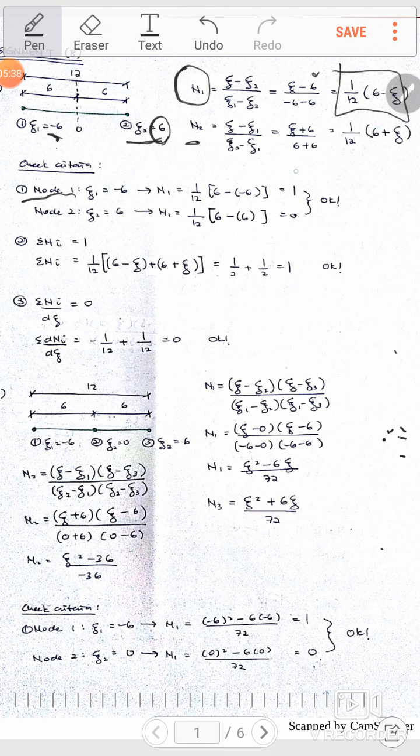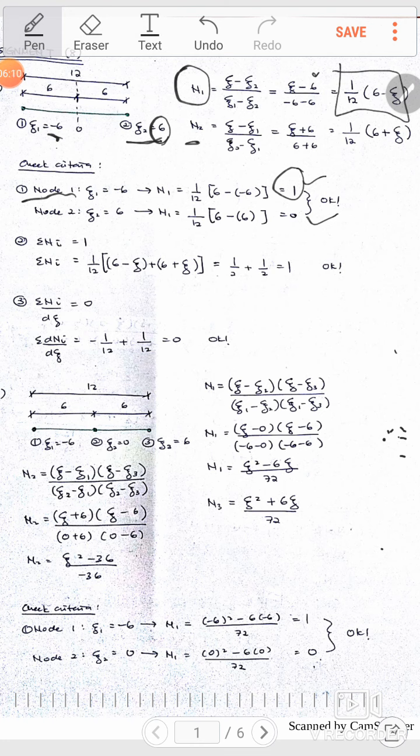You will get 1. This is okay. For node number 2, also substitute the xi of node number 2, which is positive 6. I get 0. It's accepted, but the rule should be 1.